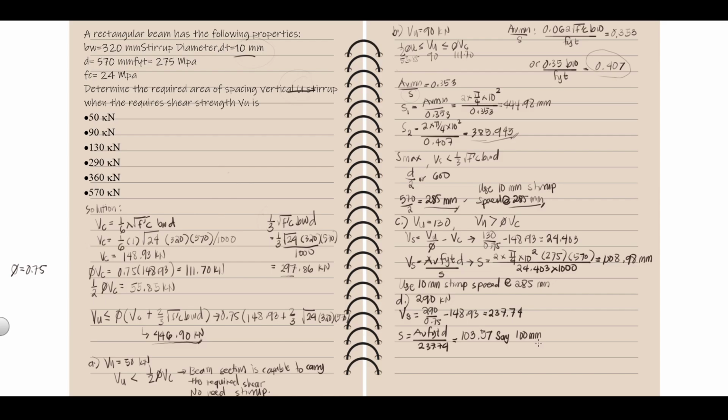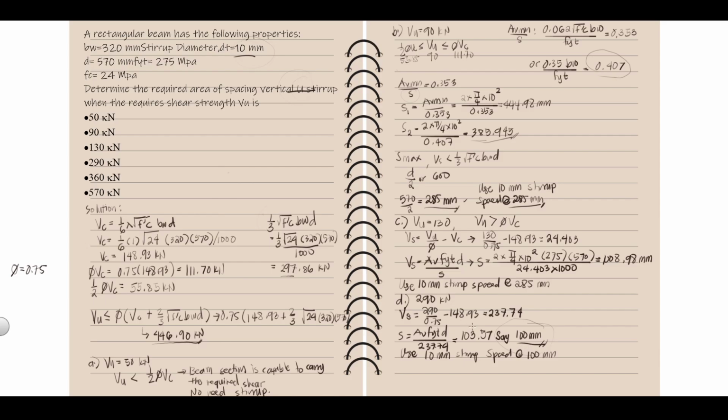Yes, so we're going to use the 10 mm spacing. Okay, ito yung sagot natin. 10 mm. So, use a 10 mm stirrup space, at, okay, 100 mm pala. Hindi 10 mm. 100 mm yung ating spacing. Okay?